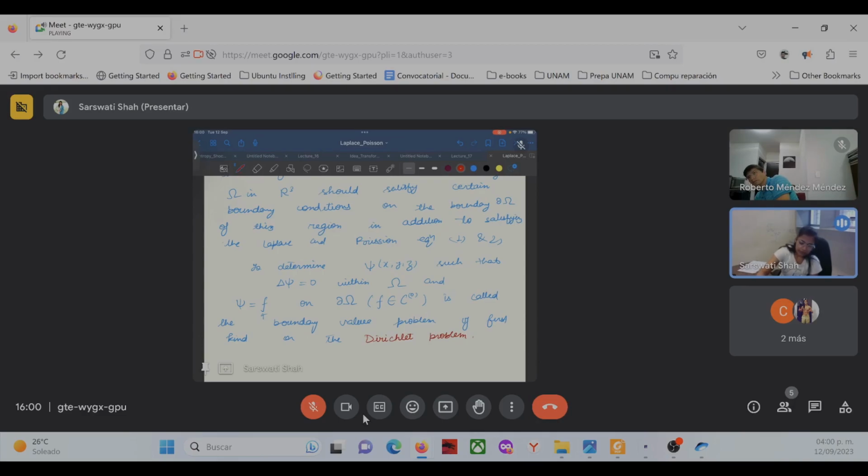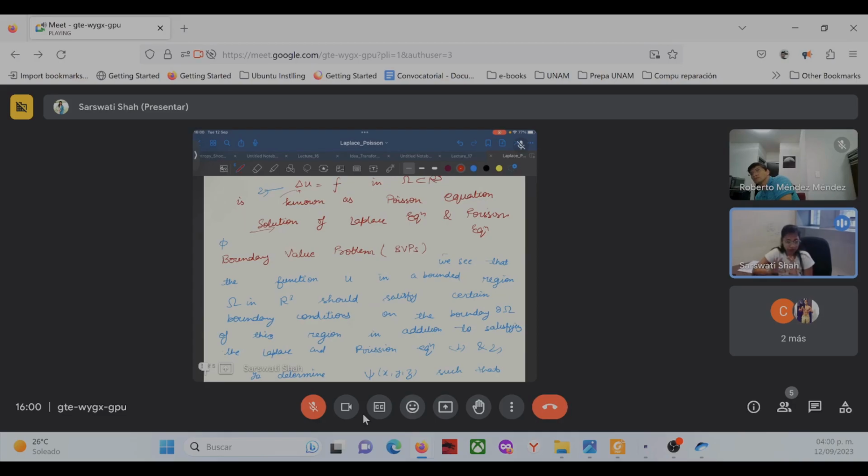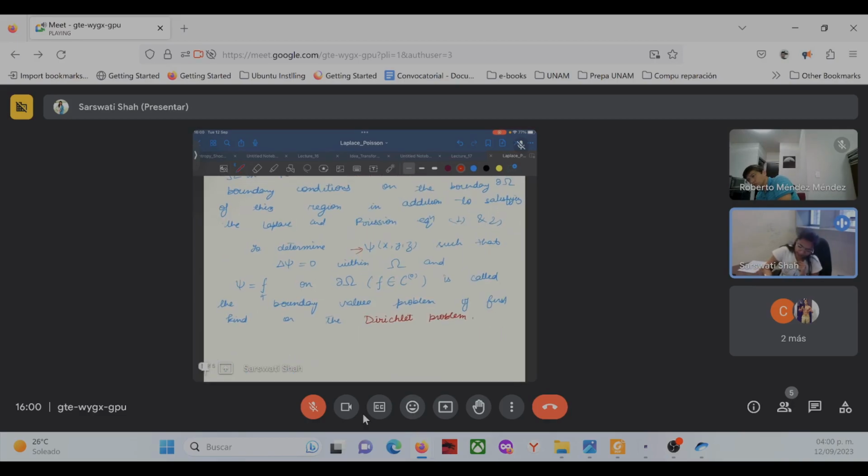And since here I took a bounded region omega, and I am defining this psi inside of that omega, within omega, and psi equals f on the boundary.